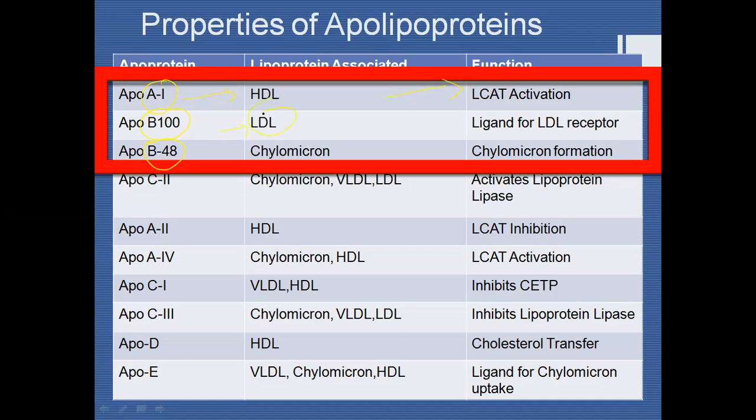ApoB100 is associated with LDL, and ApoB48 is a must for chylomicron formation. Even in a recent NEET PG exam, a question was asked regarding which lipoprotein ApoB100 is associated with, and there were four options. The correct answer was LDL. ApoB100 is associated with LDL.